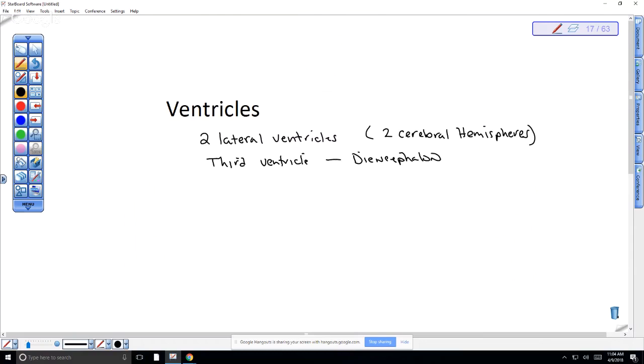So that's the diencephalon, that's the telencephalon. And then the cerebral aqueduct, which would be the midbrain. And then the fourth ventricle, which is in the hindbrain area. And these ventricles are continuous with the central canal of the spinal cord.